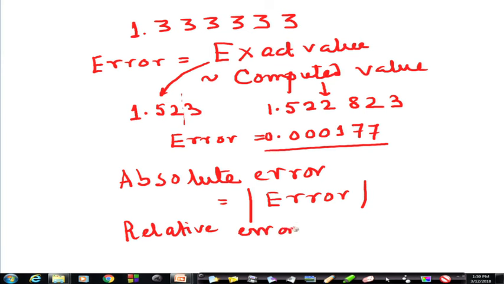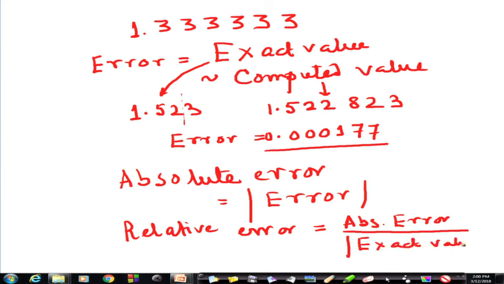Relative error is the absolute error divided by the absolute value of the exact value.